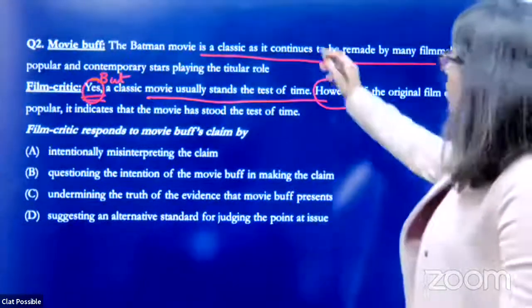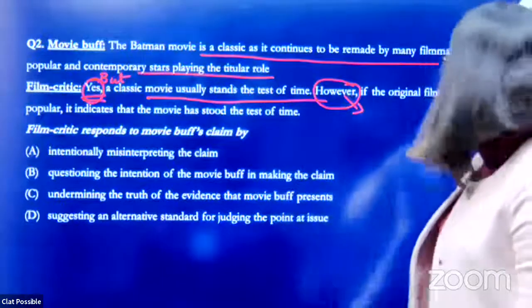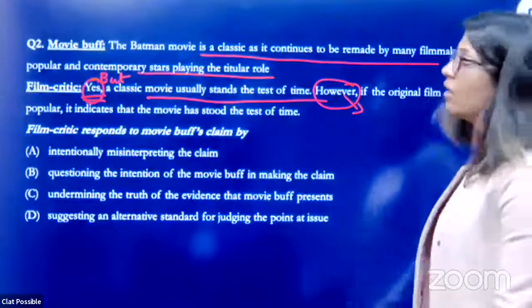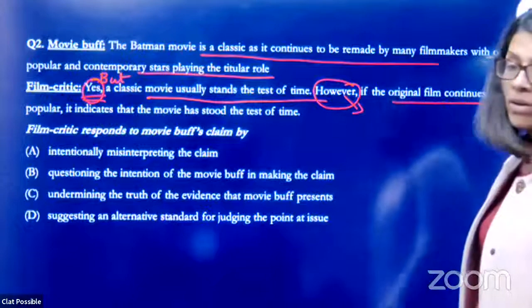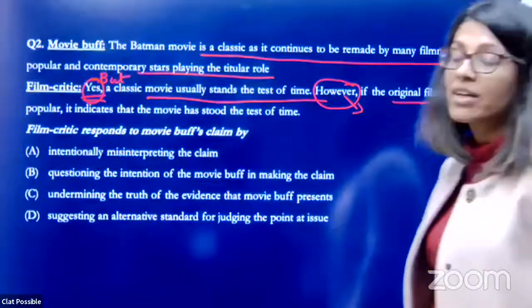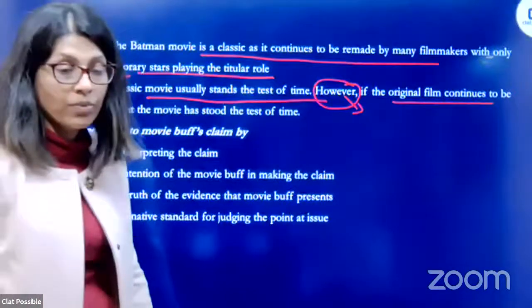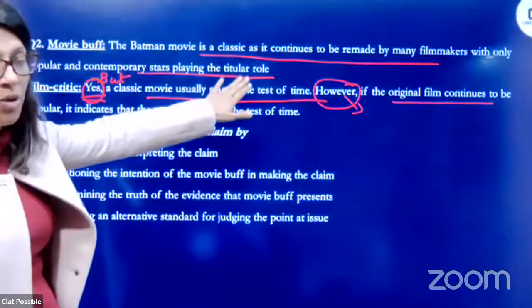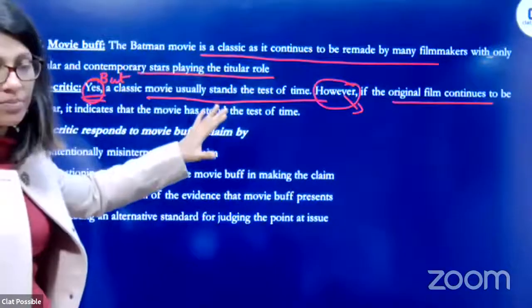Movie buff says stars are responsible for this. Film critic says the original film decides whether it is a classic or not. Both agree on the definition of classic movies.